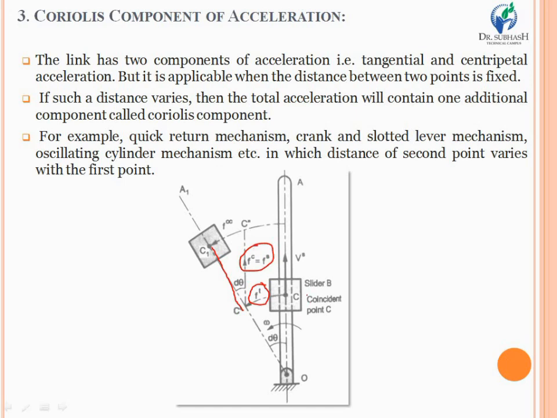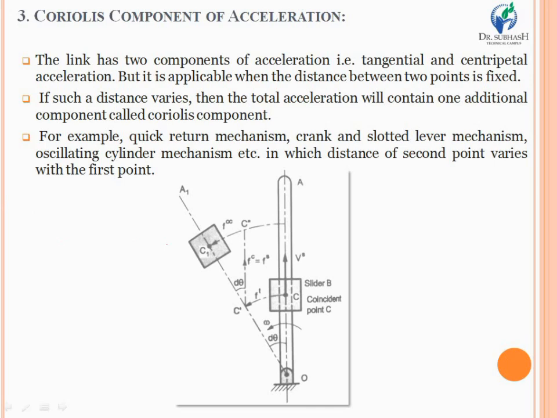So we can conclude that whenever the link moves from OA to OA1, the slider has two types of acceleration components being produced. One is tangential acceleration, whenever it moves from C to C1, and the other is centripetal acceleration, when it moves from C to C double dash.